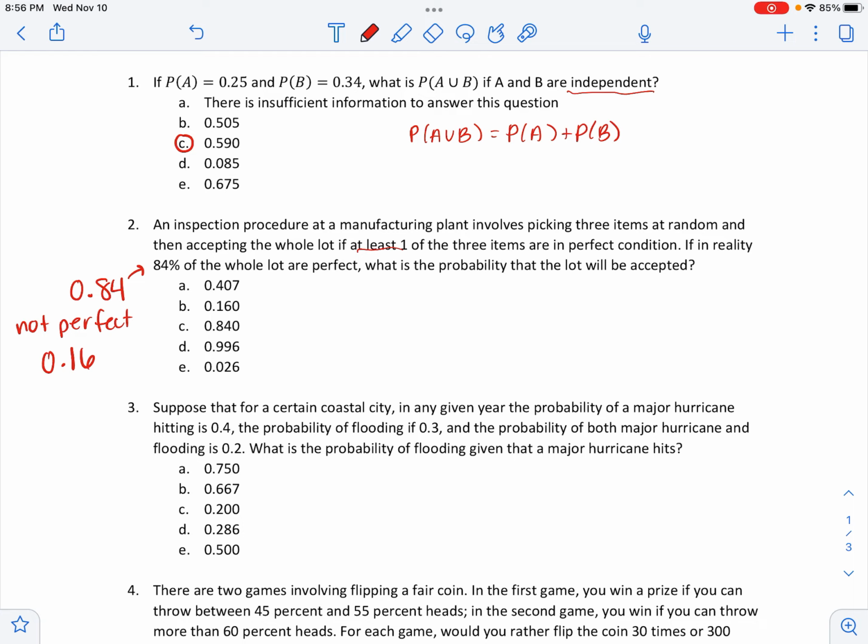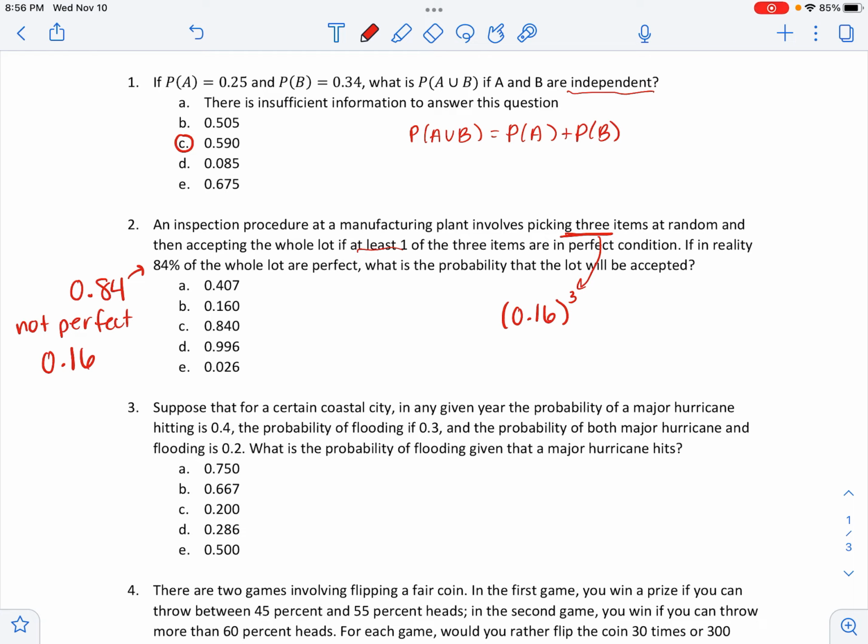I want to find the probability that all 3 lots are not perfect. So in order to do that, if I want the first one to not be perfect and the second one to not be perfect and the third one to not be perfect, that is the multiplication. That's where we multiply our probabilities. So I'm basically multiplying 0.16 times itself 3 times. So that's the same as 0.16 to the 3rd power. So again, because there's 3 items, that's what leads to the 3rd power.